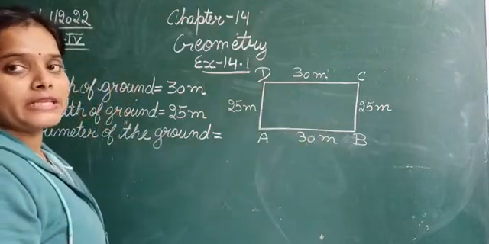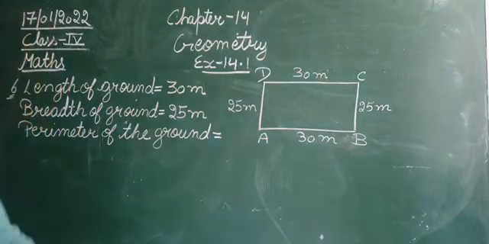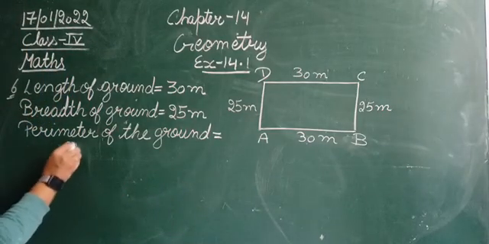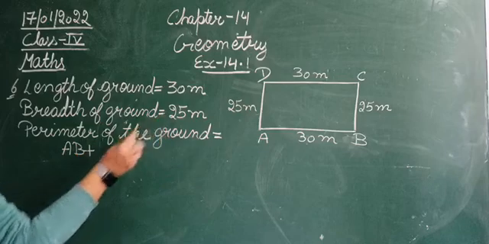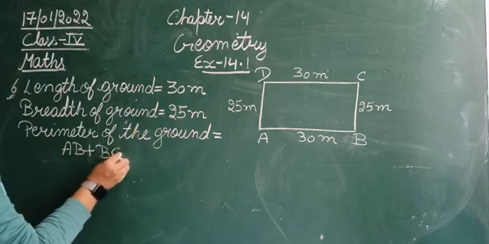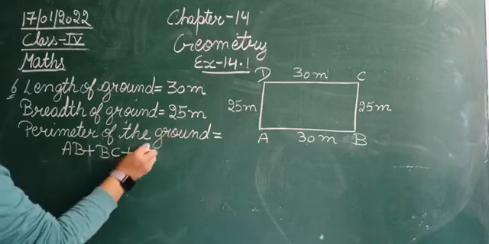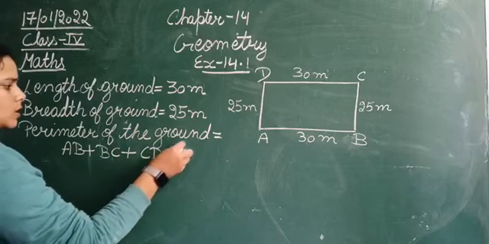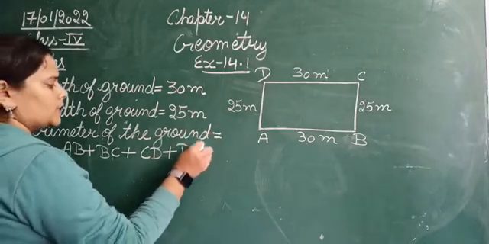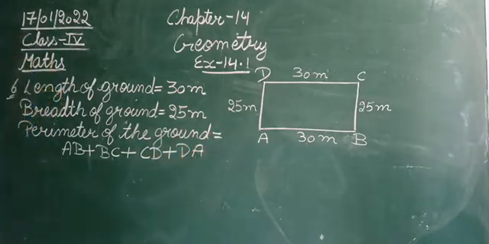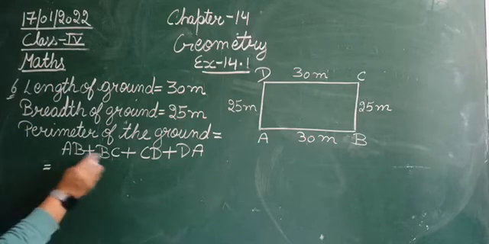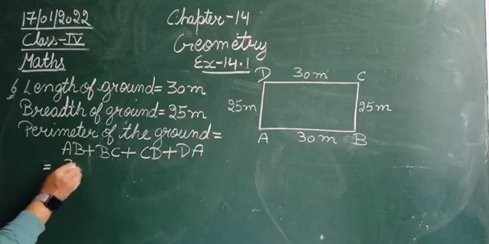Then we can easily calculate the perimeter. So let's add AB plus BC plus CD plus DA. Now add it. AB is equal to 30 meter.